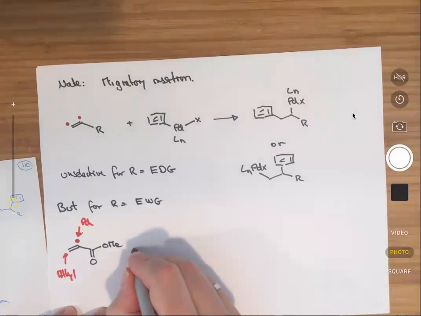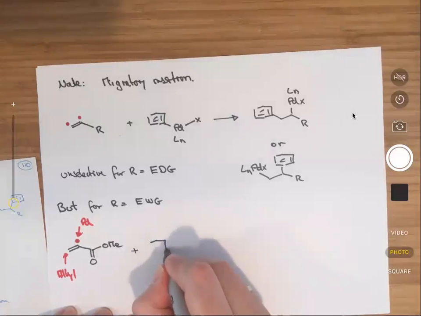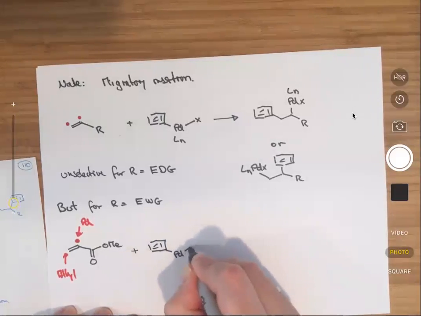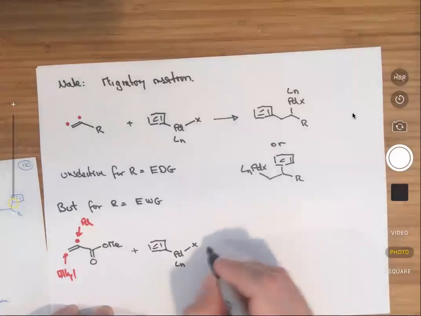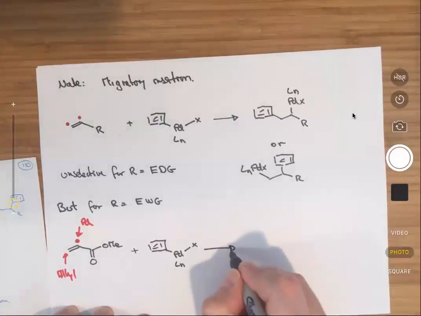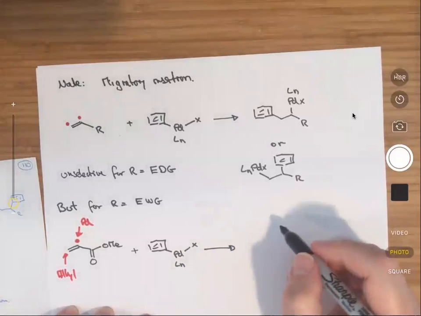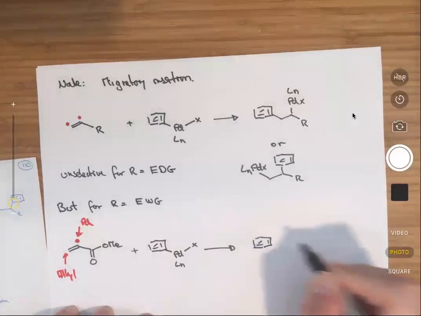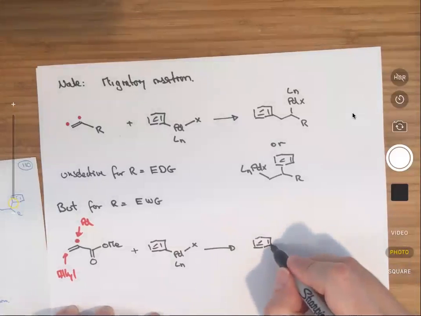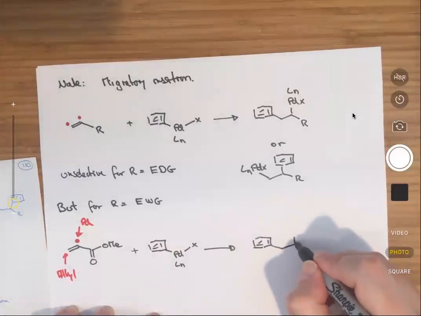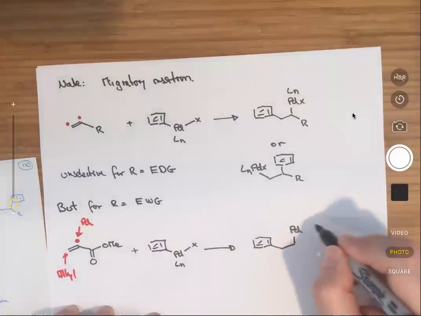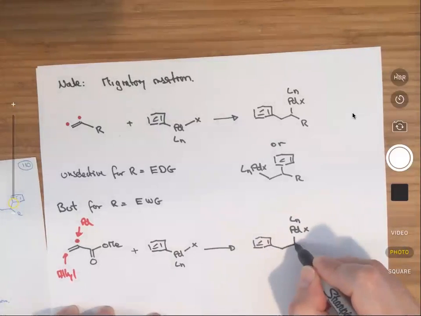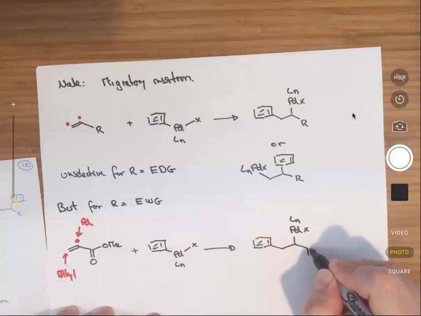So if we react this with again our reagent here, palladium XLn, then we can make sure that the only product that we're going to get out of this migratory insertion selectively is going to be the one that has the palladium in this position, XLn, and then we still have our ester here.